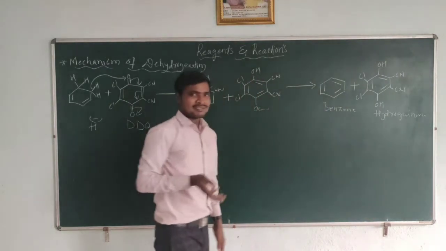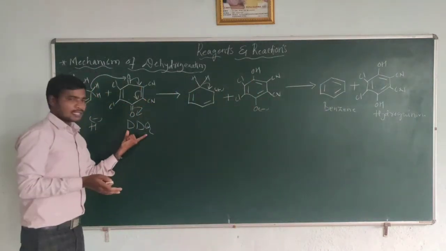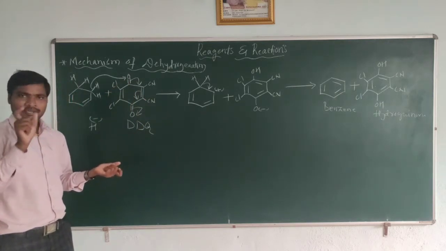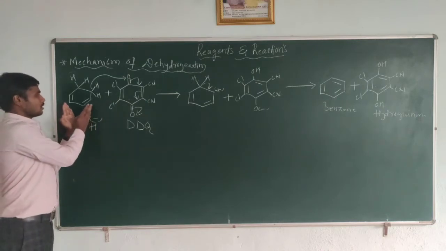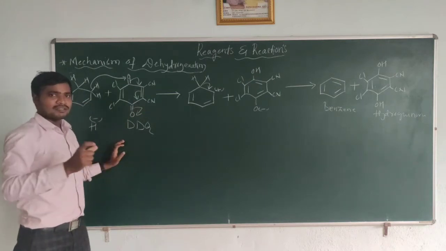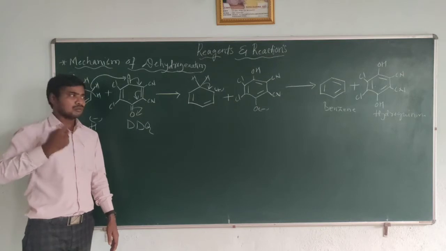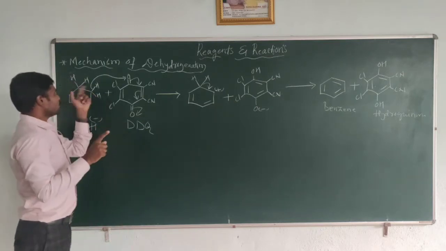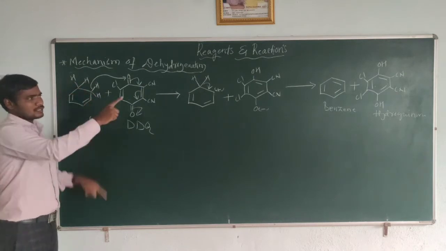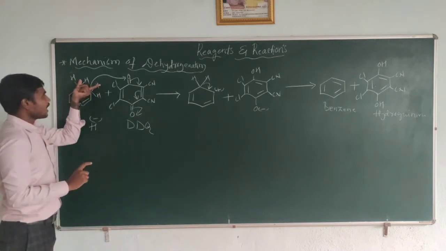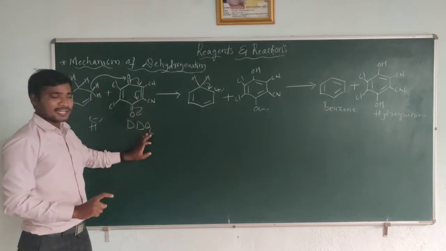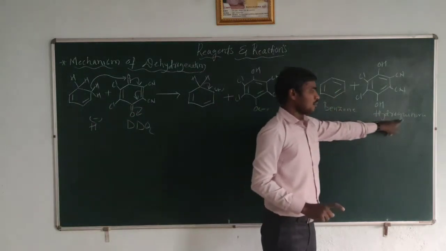So in the overall mechanism, the DDQ converts into hydroquinone by accepting one molecule of H2, and the cyclohexadiene converts into benzene by losing its H2 molecule. The H2 molecule removed from these two carbon atoms leaves a double bond, and that hydrogen molecule transfers into DDQ, so that DDQ becomes a hydroquinone molecule.